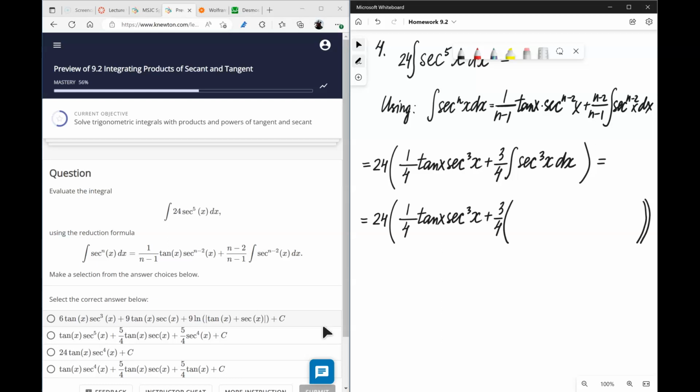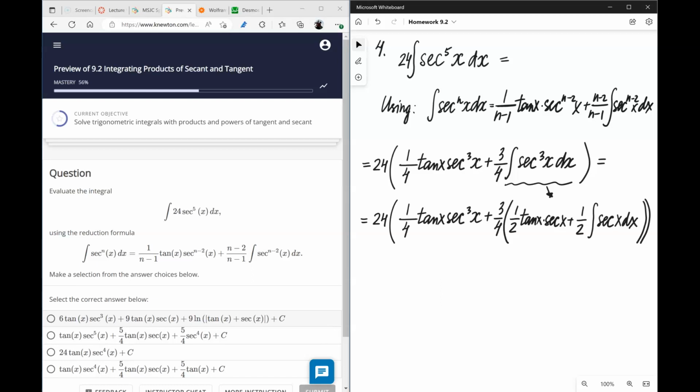Now I'm setting n equals 3, and I'm writing everything inside of these parentheses. So when n equals 3, we have 1/2 tangent x secant x plus 1/2 times an integral of secant, because when n is 3, n minus 2 is 1, so secant of x to the power n minus 2 is just secant x dx.